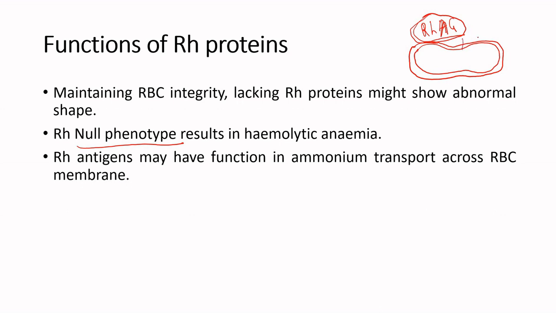How to transport them? For transportation, those ammonium ions can be transported with the help of these proteins. So they are also known as transporter proteins. These RH proteins can have the function of ammonium transport across the RBC membrane.